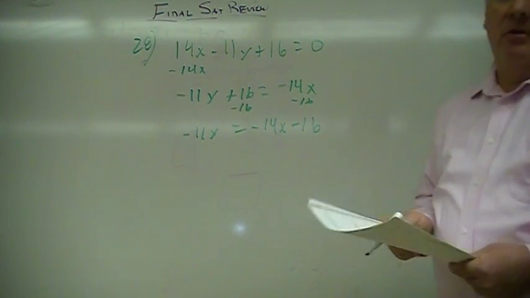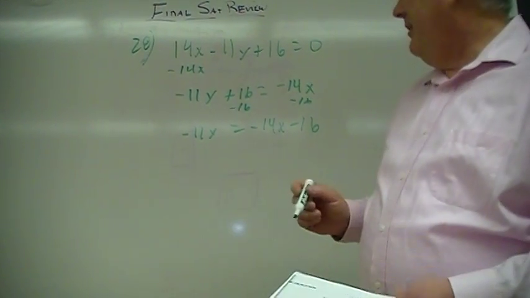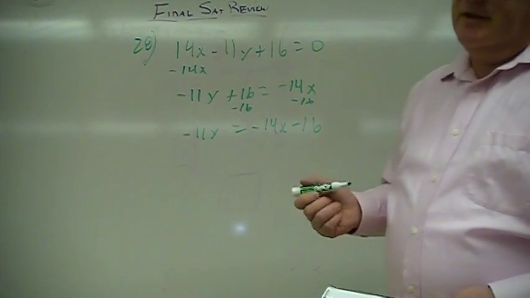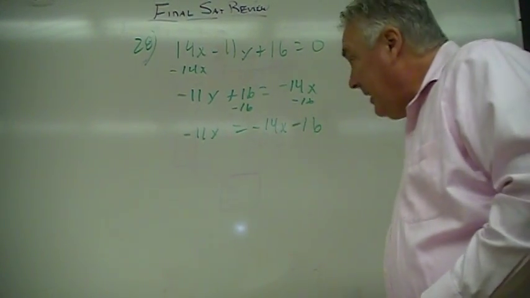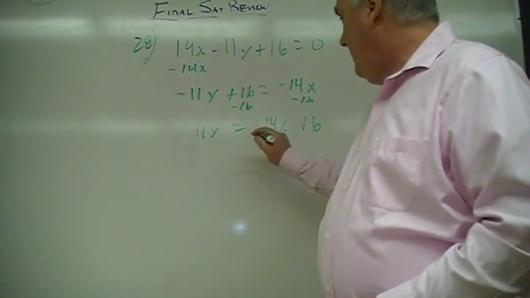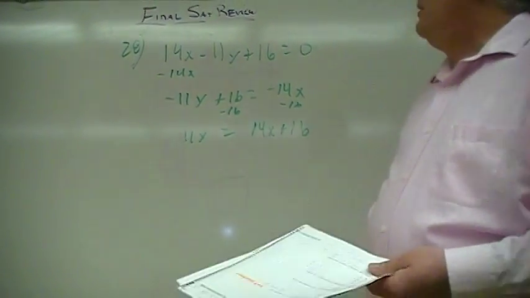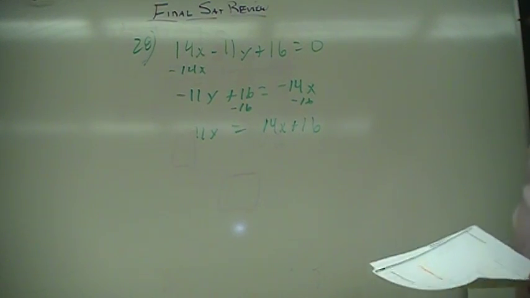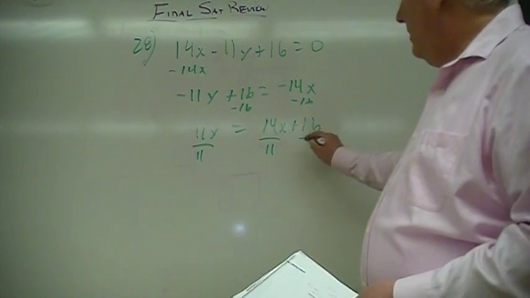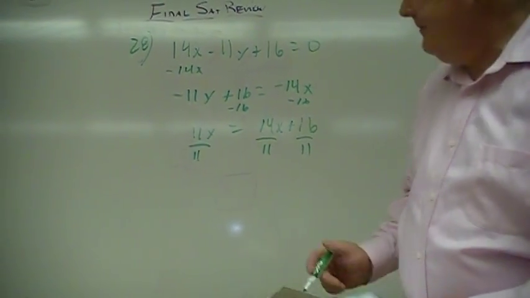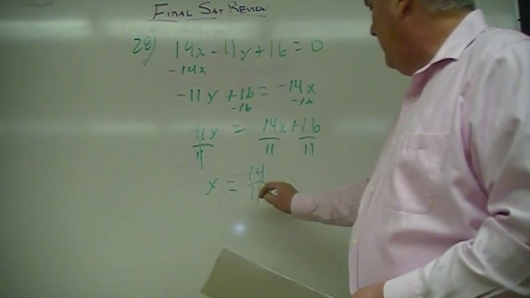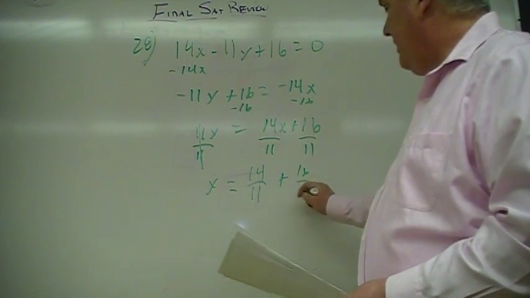I don't want to call it a trick, but one of the things you can do, if everything's negative, you can divide everything by negative 1 and make it positive. So we have 11y equals 14x plus 16. Divide by 11, trying to get y by itself. Y equals 14 elevenths x plus 16 elevenths.